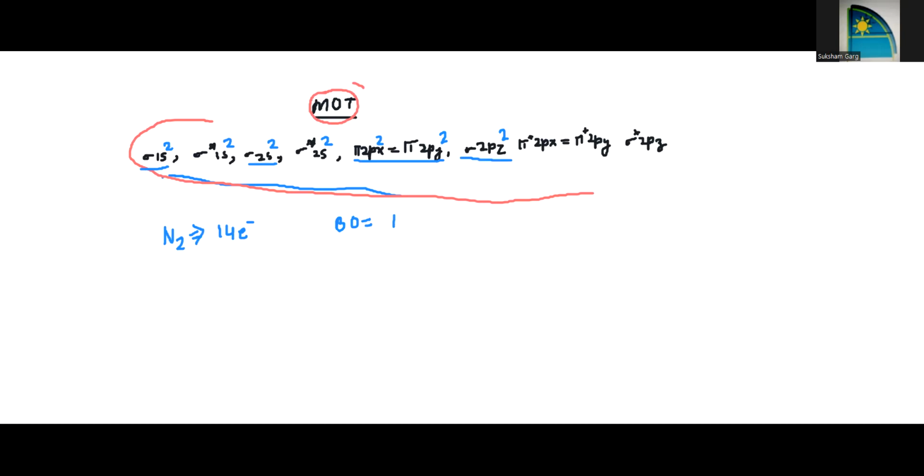There are 10 bonding electrons minus the number of anti-bonding electrons, 2 plus 2, 4. 10 minus 4, divided by 2, so you will get the answer 3. That means nitrogen and another nitrogen will have a triple bond between them. And magnetic property wise, it is a diamagnetic molecule since all its electrons are paired.